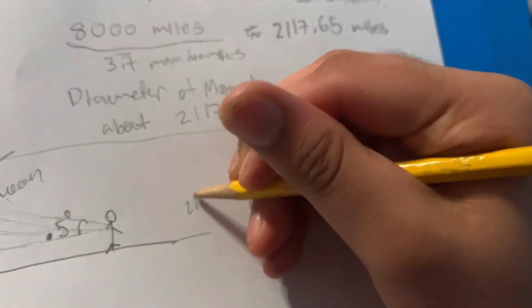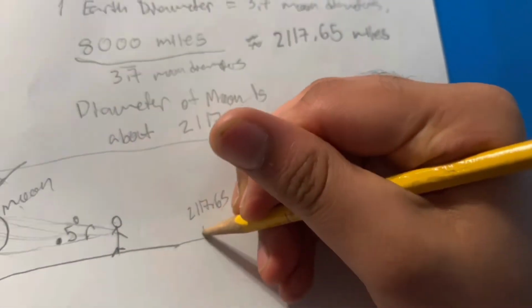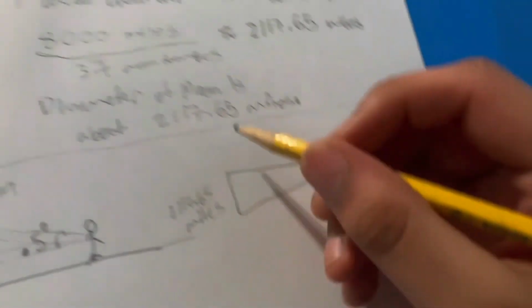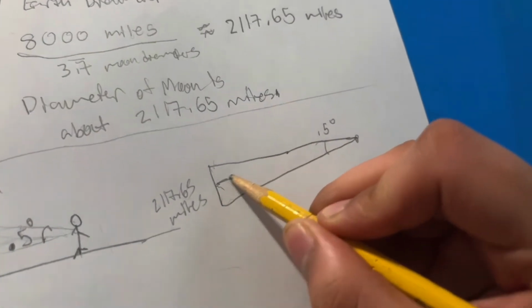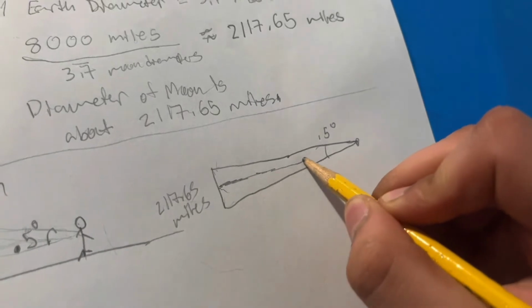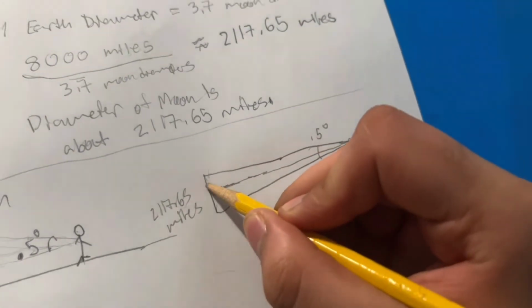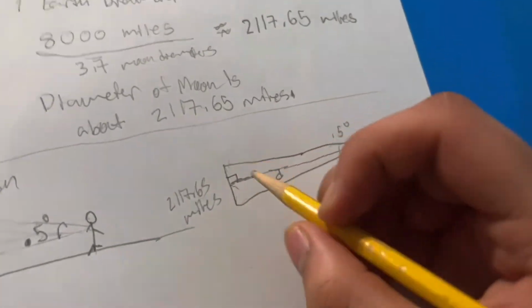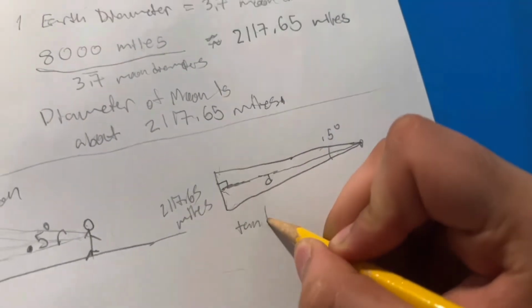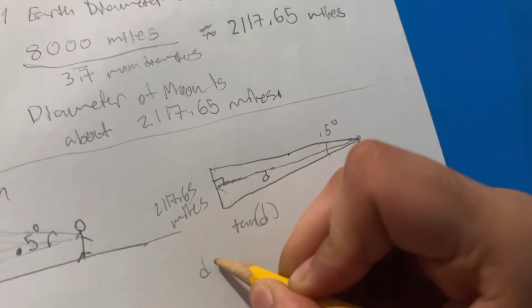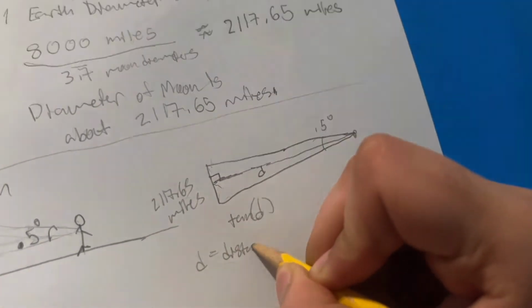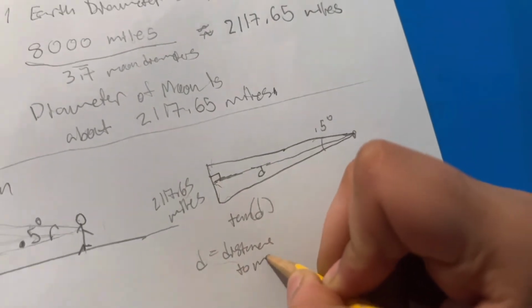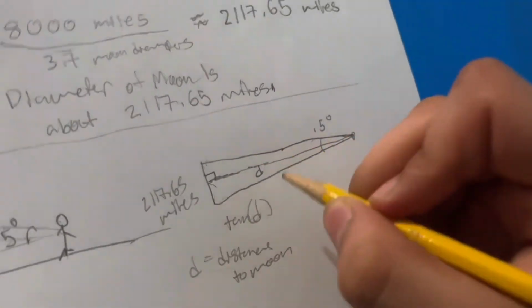The base of the isosceles triangle is the diameter of the moon.